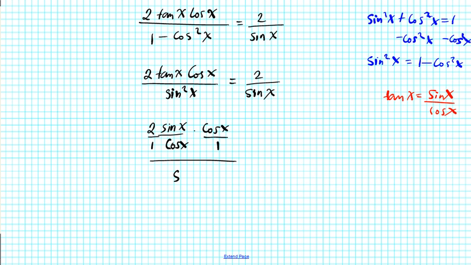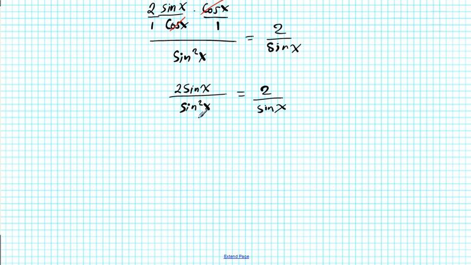Okay? And on the bottom I have sine square x. Question is it equal to 2 over sine x? Well, let's see. On the left side, cosine and cosine cancel out. So you're left with 2 sine x on the top over sine square x equals 2 over sine x.